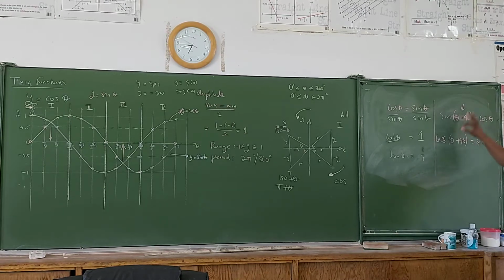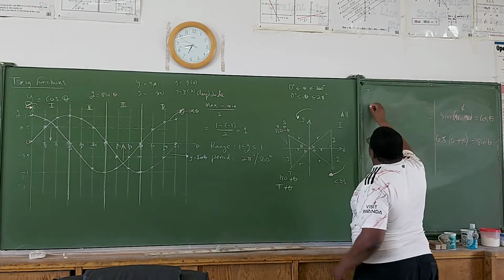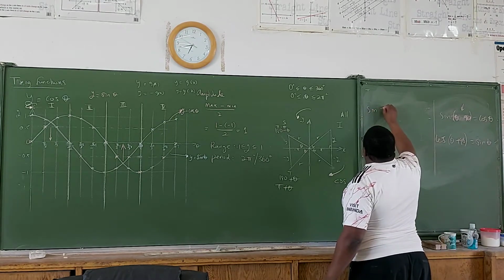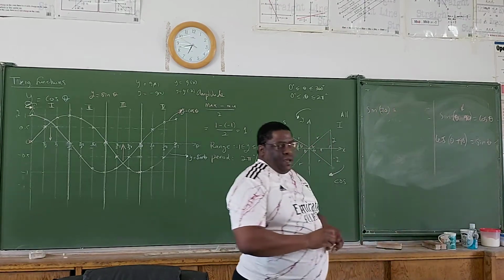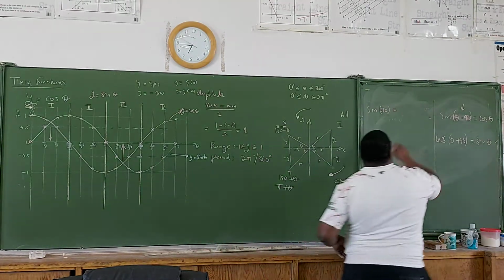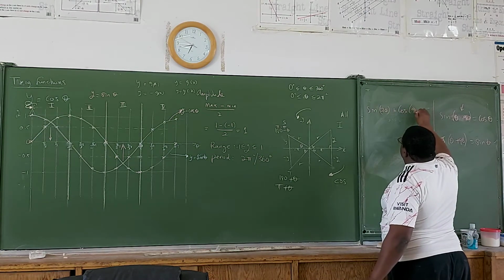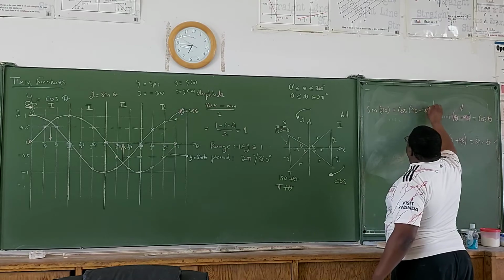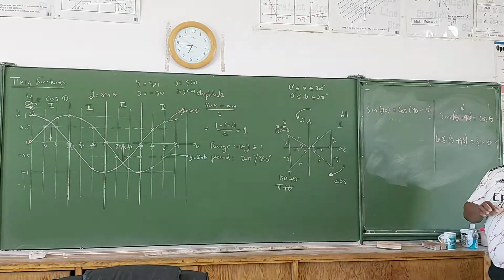Okay, so maybe we have a little mistake there, so I want us to find it. And I was writing this time and again. Sine of 70 degrees is equal to cosine of what? Cosine of 90 minus 70. Is it not so? The two things will be the same.